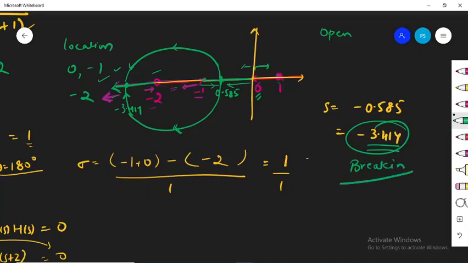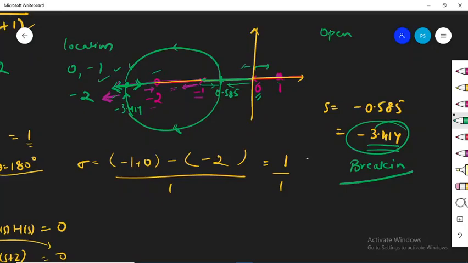So break-in is a point where the two poles will actually collide and then separate. Breakaway is this first collide and then separate. Here again they are colliding and then separating. They are going along the real axis. So one pole will move towards minus 2, and another pole will move towards negative infinity. So this becomes the root locus diagram.